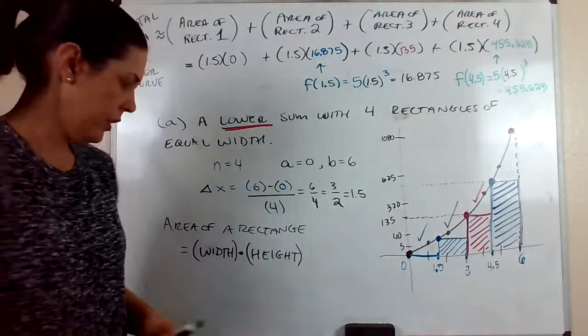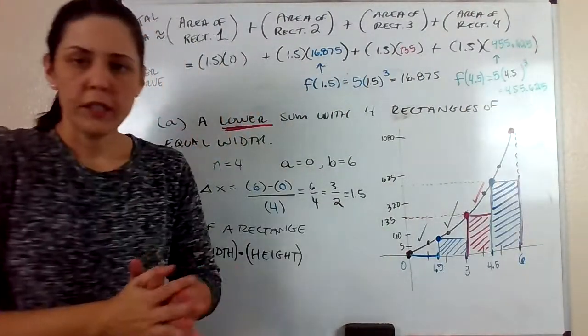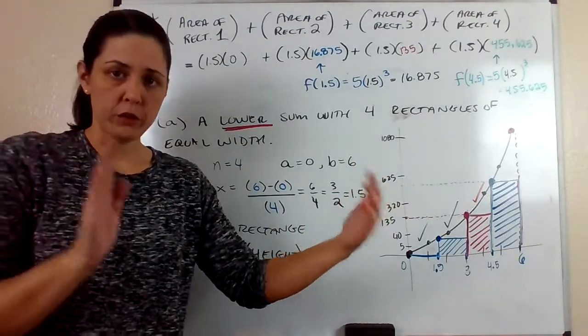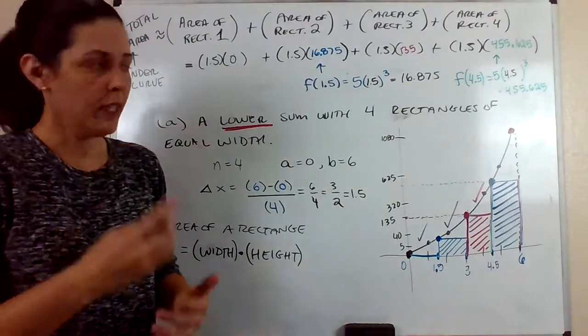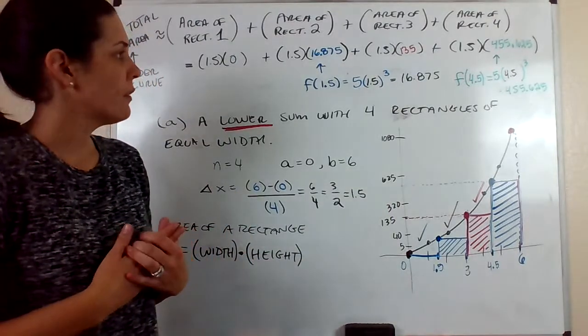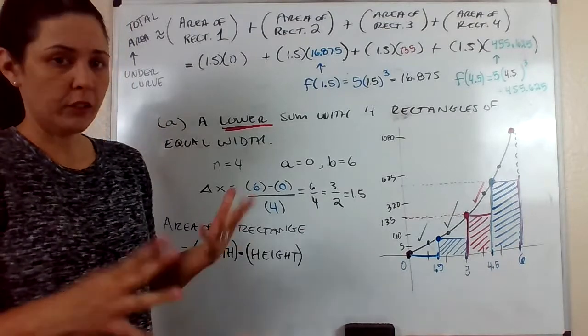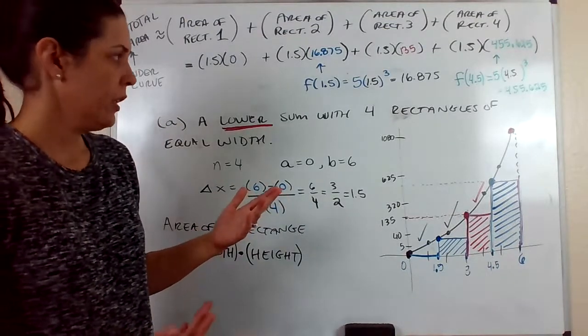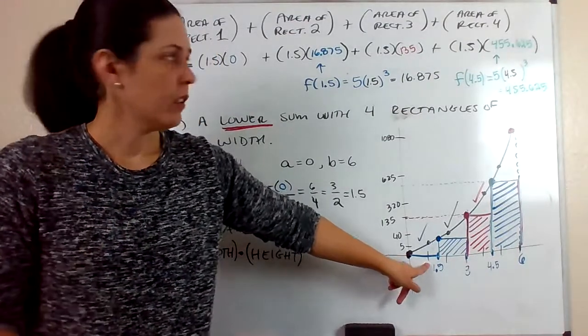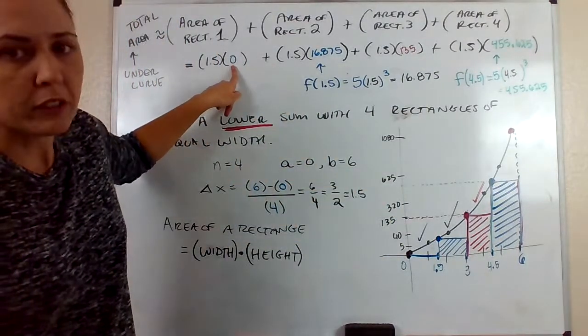The hardest part is done. The hardest part is, well, there's a couple of things. Dividing your region into subintervals, in our case it was 4, and then usually the majority of the work will happen when it comes to finding the heights, because the heights are usually things you didn't already compute. In our case, we can tell that by looking: the first rectangle had a height of 0.